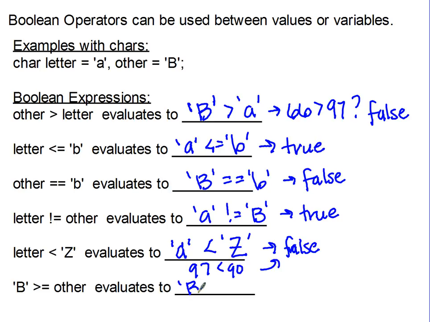And the last example, capital B greater than or equal to capital B. And we know that to be true. So it's a little bit more difficult when you're dealing with characters, just because you have to remember what order those characters come in terms of lexicographical ordering.